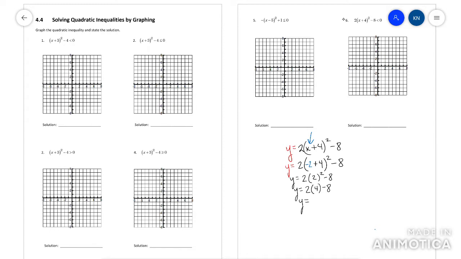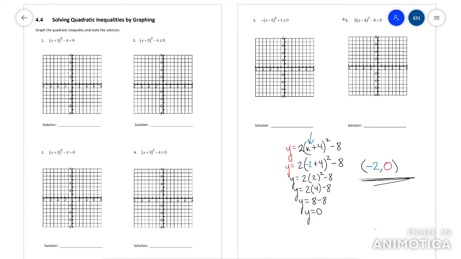Then 2 times 4 is 8, minus 8. I'd get a y value equal to 0. Why I'm showing you this is because this x input of -2 had an output value of 0, and I can make a coordinate out of that.